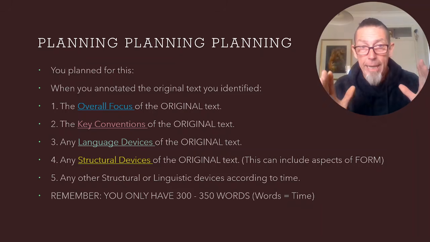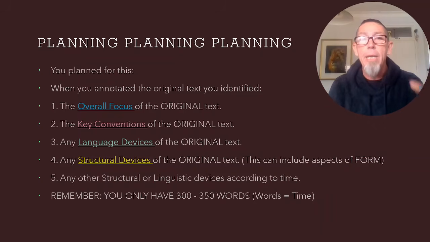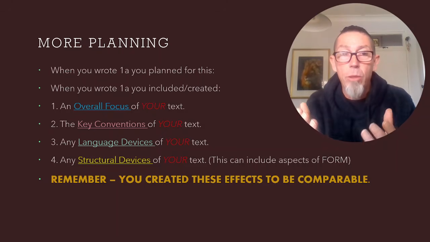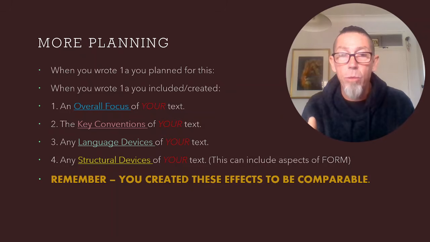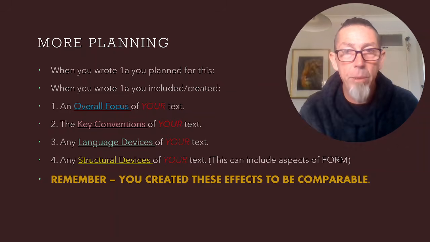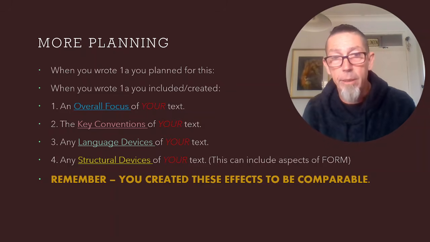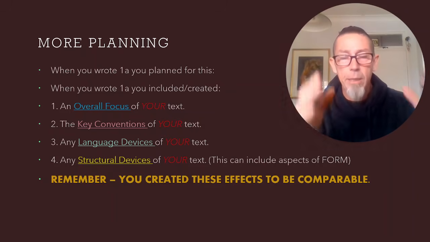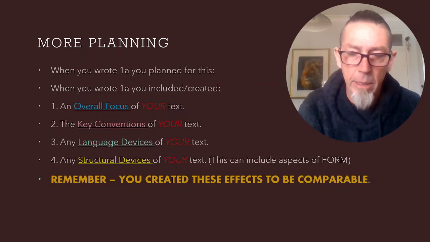So you planned when you wrote 1A to have these in your 1B: structural devices that are either similar or different, language devices similar or different. You created these effects to be comparable.